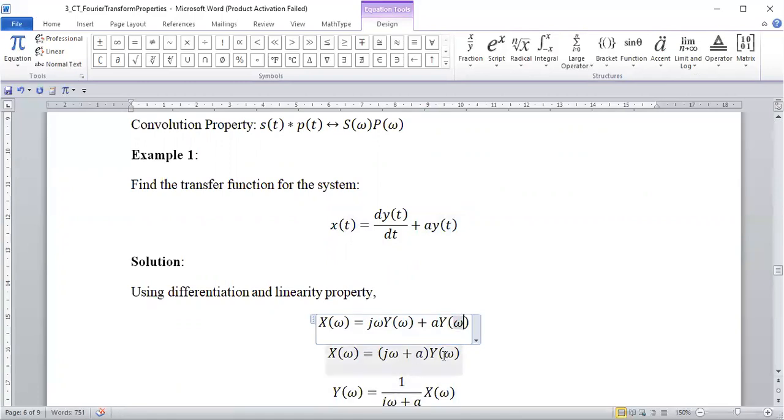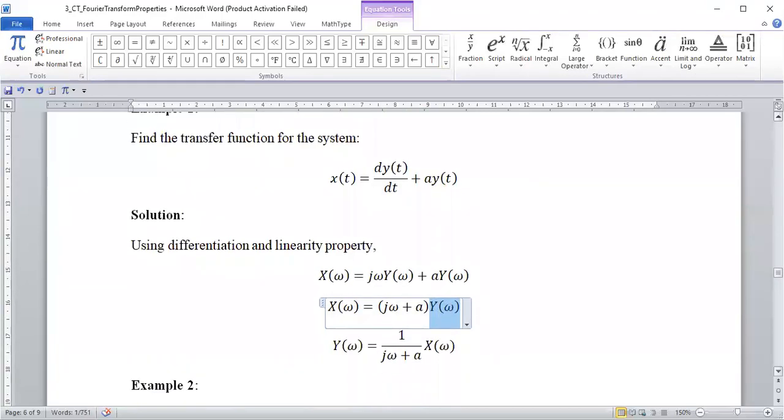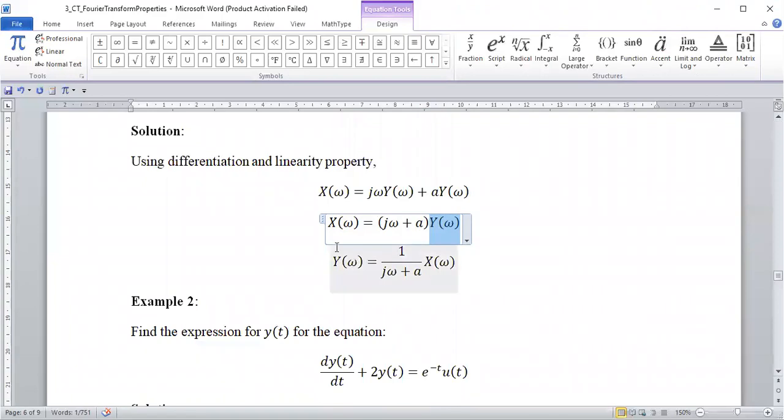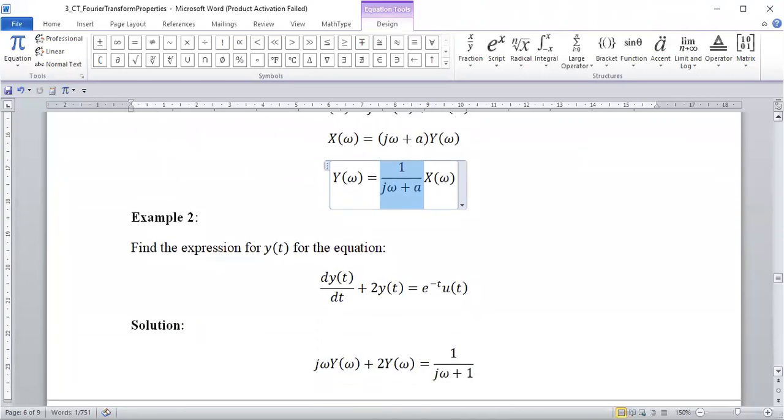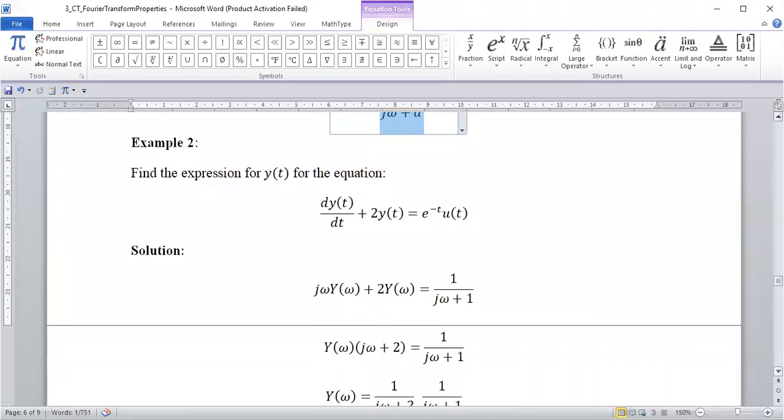When we collect the Y omega terms, we have this equation here, and separating the Y omega from the X of omega, you get this. Then the transfer function is simply Y omega divided by X omega, which is 1 divided by j omega plus a.